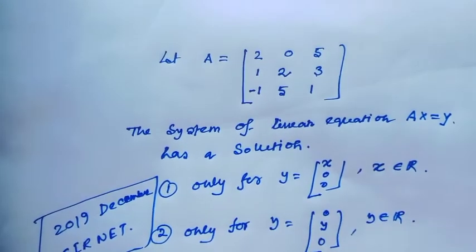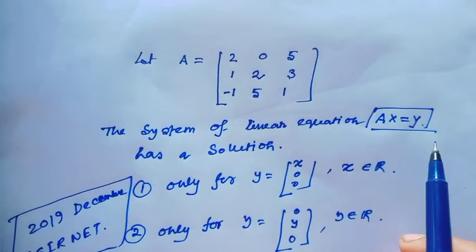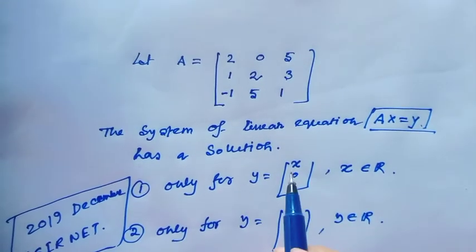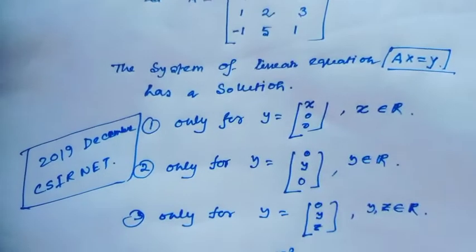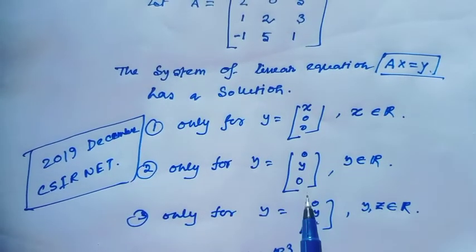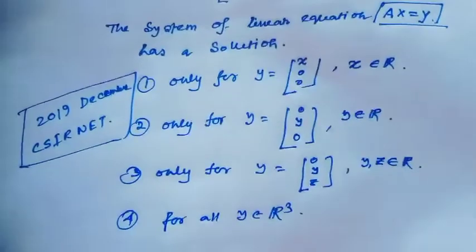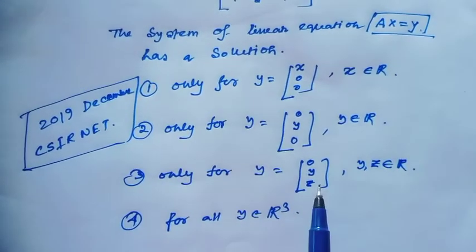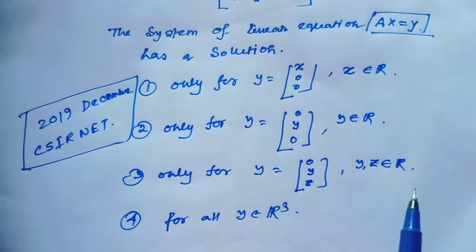consider this matrix, then the system of linear equations Ax equal to y has a solution only for y equal to (x,0,0) where x belongs to the real numbers. Option 2, only for y equal to (0,y,0) where y belongs to the real numbers. Option 3, only for y equal to (0,y,z) where y, z belong to the real numbers.